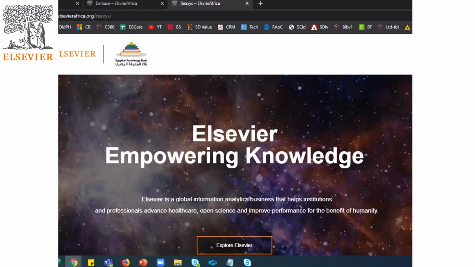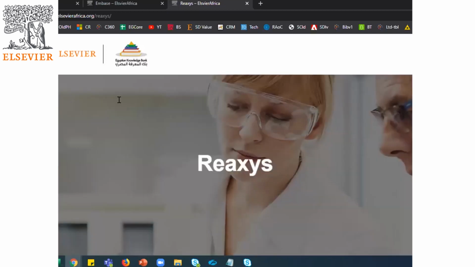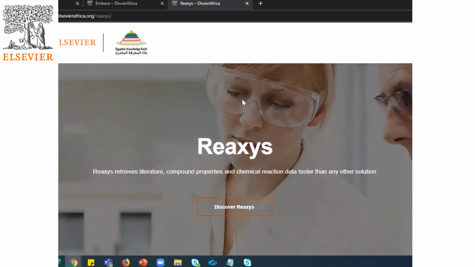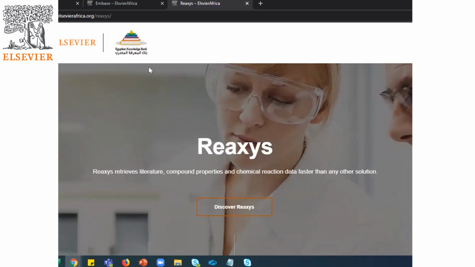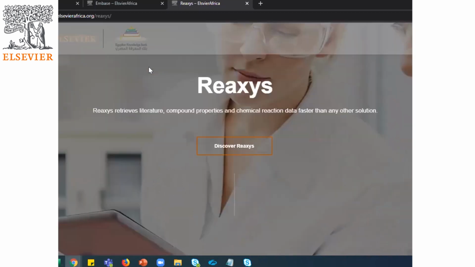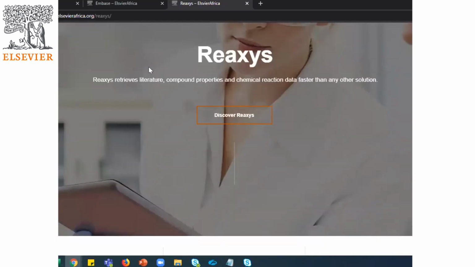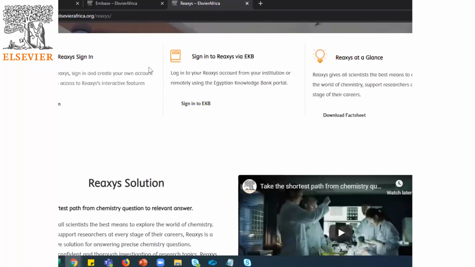So just let me start sharing my screen. As Andre was trying to say a bit earlier, there is a web page that we have dedicated for Reaxys to be able to access all the resources that are part of the partnership between EKB and Elsevier regarding Reaxys and Embase.